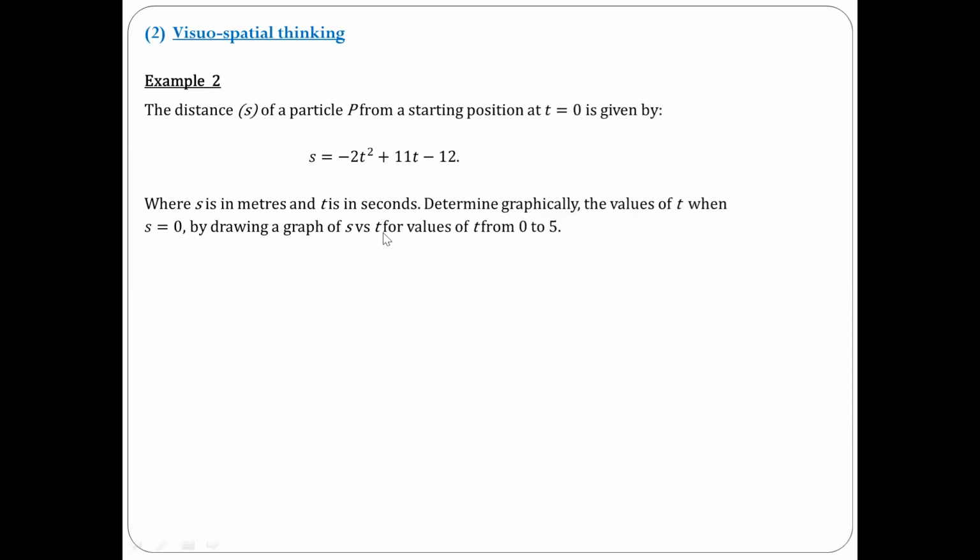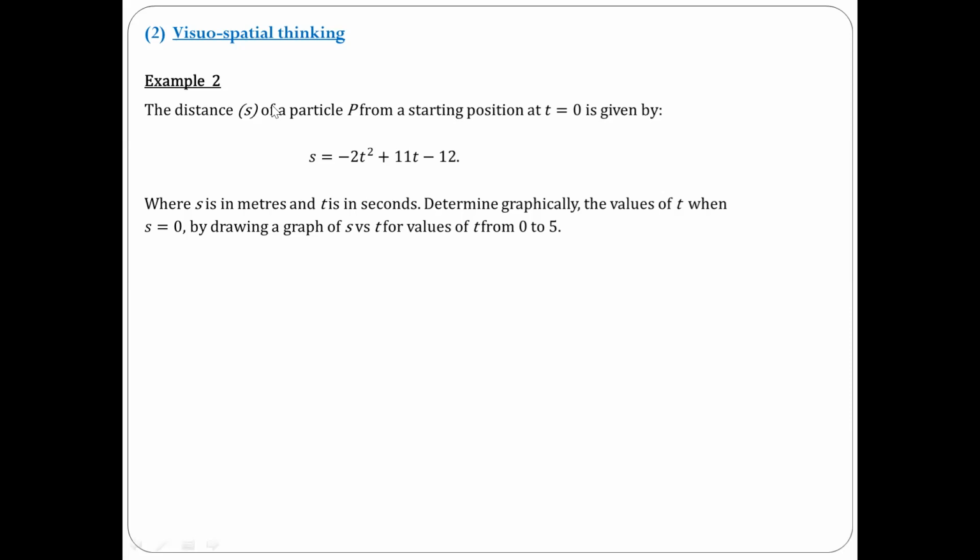If you look at example 2, the question has been restructured differently from example 1, in that it reads: the distance s of a particle p from a starting position at t is equal to 0 is given by s is equal to negative 2t squared plus 11t minus 12, where s is in meters and t is in seconds. Determine graphically the values of t when s is equal to 0 by drawing a graph of s versus t for values of t from 0 to 5.